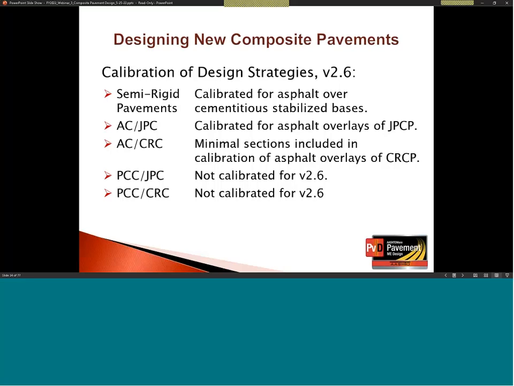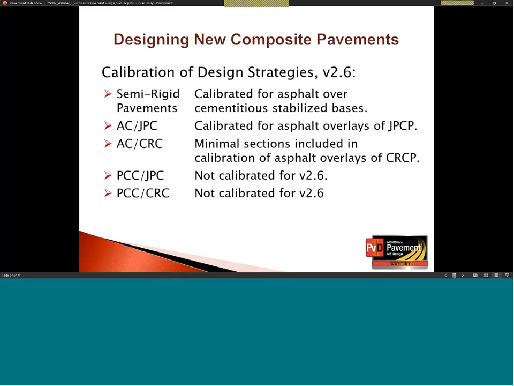We'll come back to that later on in the presentation. But the calibration factors being used are those calibrated in version 2.6, and more importantly now, the new calibration that's going to come out in version 3 for AC over JPC.